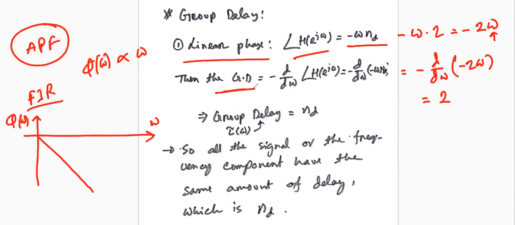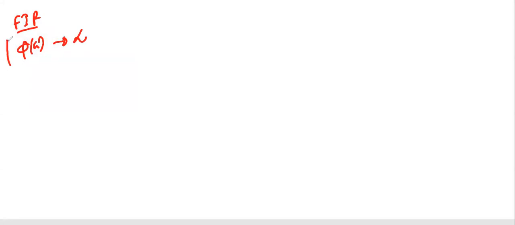Let me give you an example with a practical scenario. Side by side, what I want to mention here: let's say we are talking about an FIR filter where the phase response is linear.